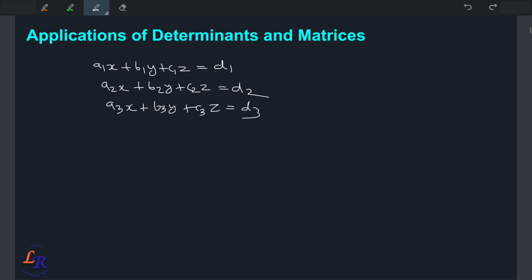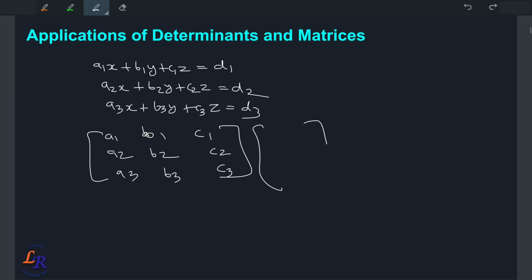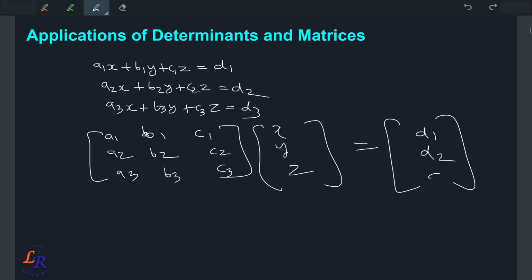Now you know that this can be written in the form of a matrix, as we discussed when talking about matrices in the previous chapter. So you can write it as the matrix a1 b1 c1, a2 b2 c2, a3 b3 c3, then the variables x, y, z, equal to d1, d2, d3.